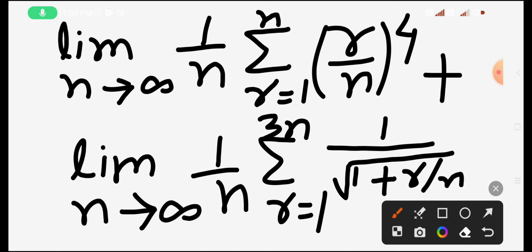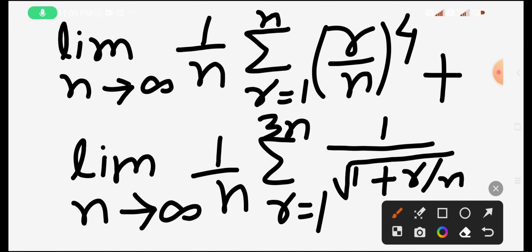For the first part the upper limit will be 1, because above the sigma sign you see a single n, but in the second part above the sigma sign there is 3n, so the limits for the second part will be from 0 to 3.